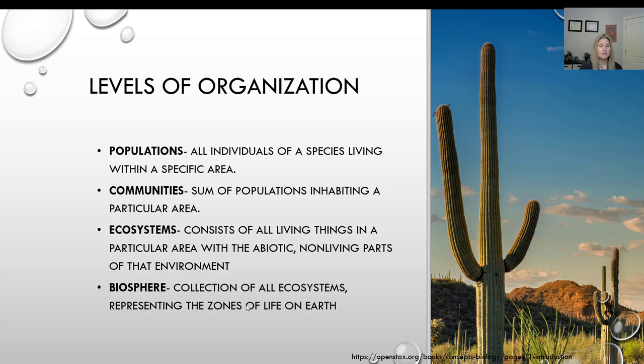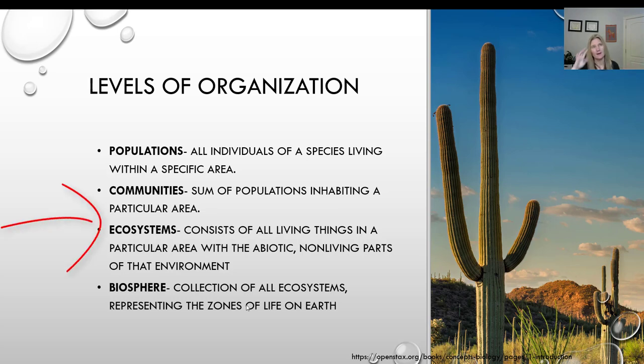Or I could even look bigger and include abiotic components. So if I'm looking at all the living things within an area and how they are responding to the abiotic non-living parts, then I'm looking at the ecosystem level.